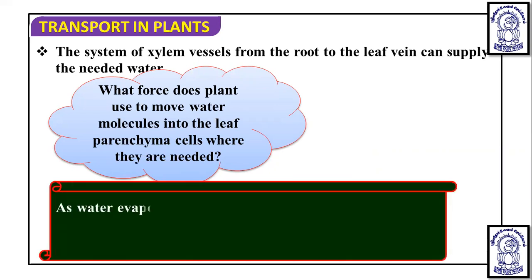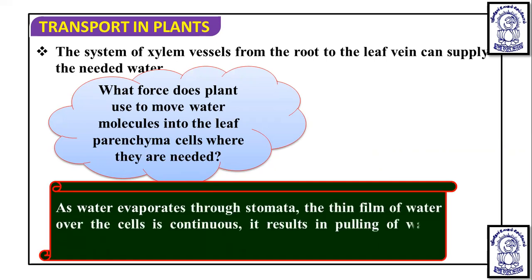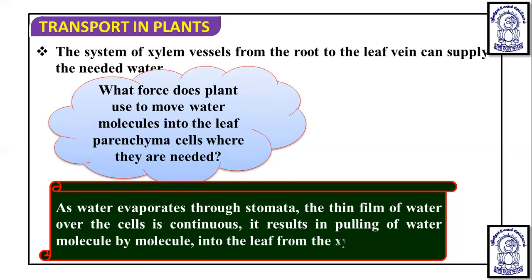The answer is, as water evaporates through the stomata, a thin film of water over the cell is continuous. This results in the pulling of water molecule by molecule into the leaf from the xylem.